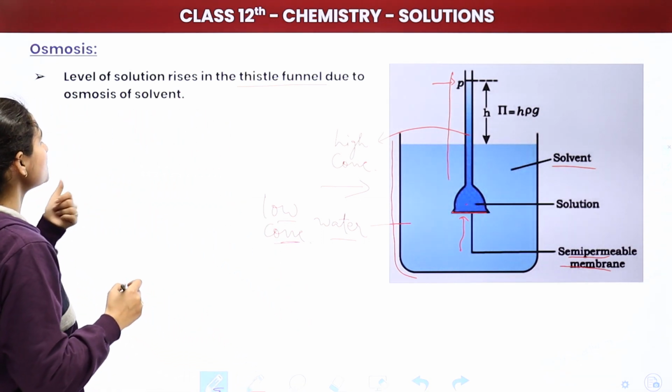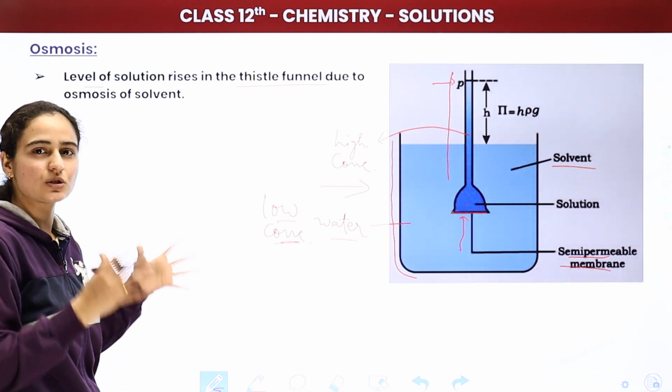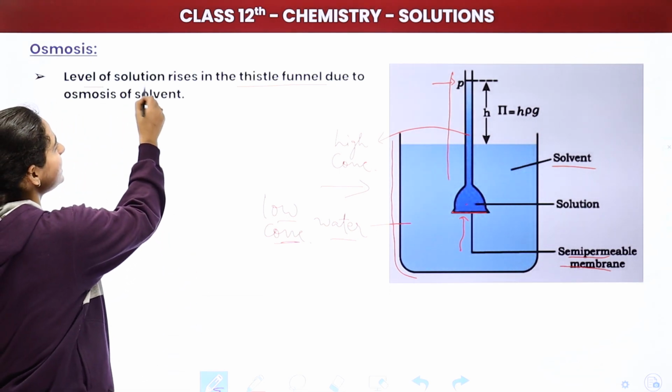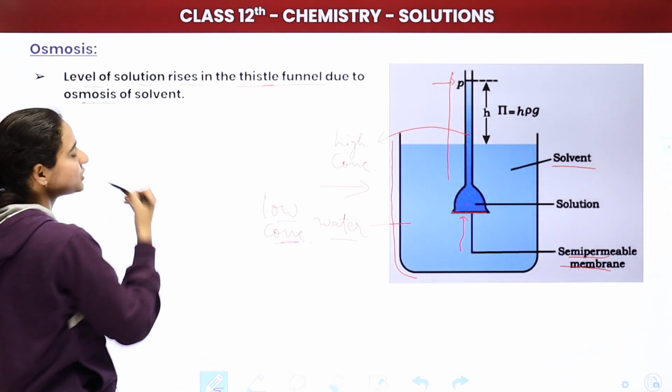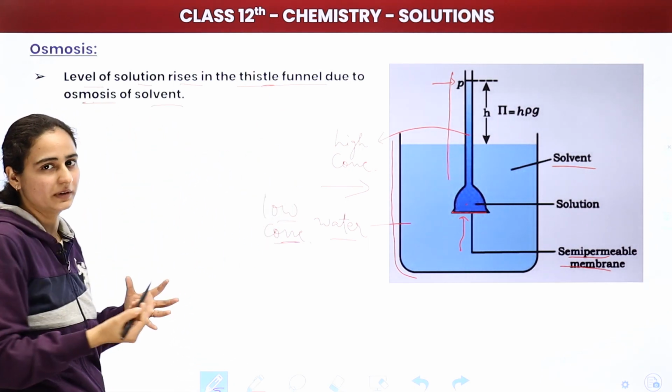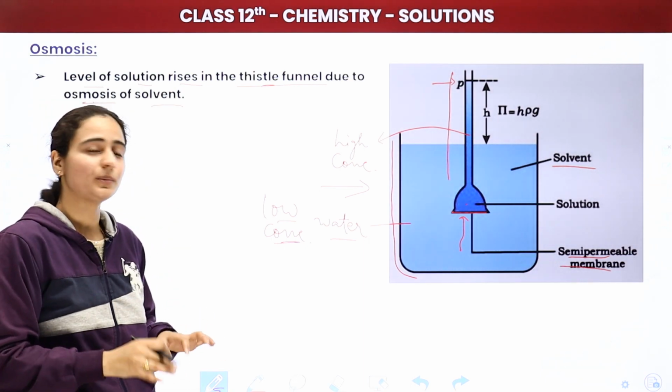So if we'd like to write it, इस experiment में what do we observe? Just to summarize, level of solution rises in the thistle funnel due to osmosis of solvent, or you can simply write due to osmosis. That will also be enough.